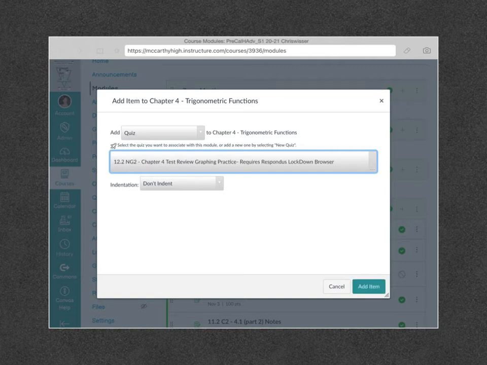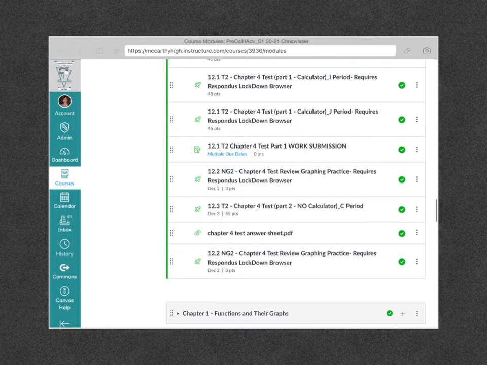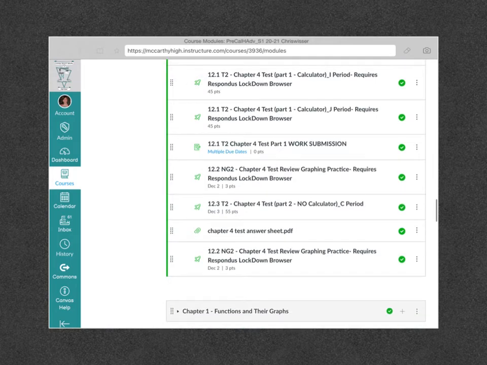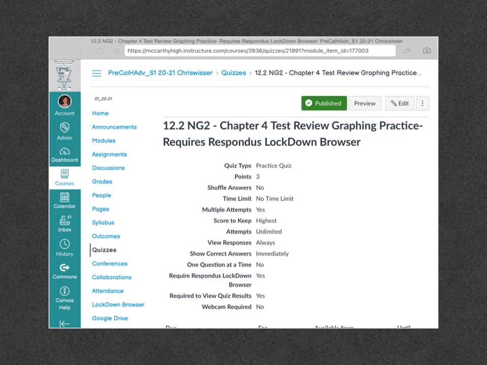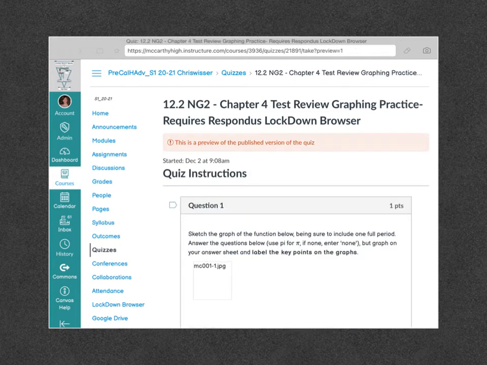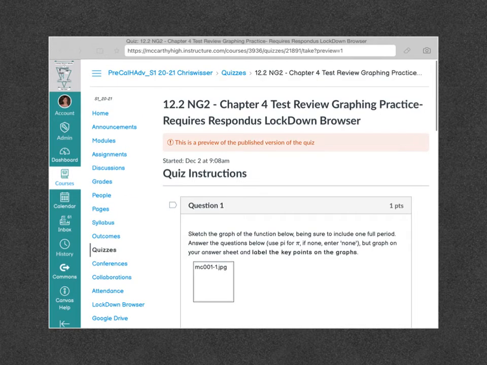Test review. Okay, I'm actually going to separate this out by tests and reviews. But it's there. It says chapter, today's date, 2.2 practice. And again, it's going to have the graphs that we're going to work on in a little bit.